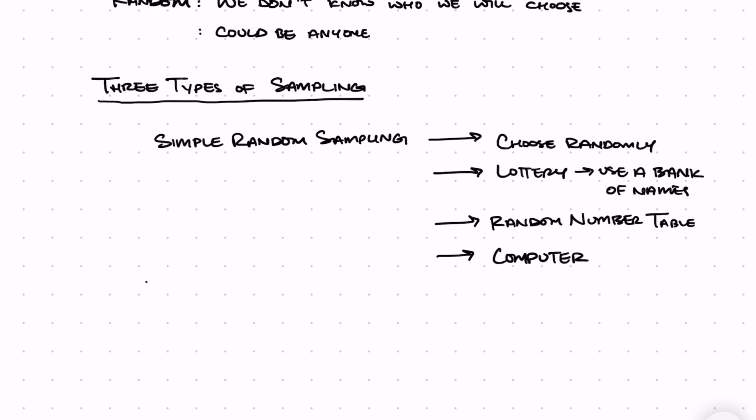Now, the second one is called stratified sampling. In stratified sampling, you start by dividing people into subgroups.